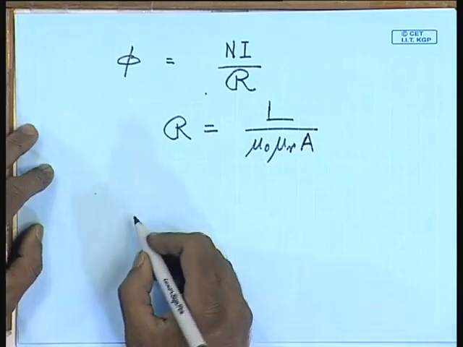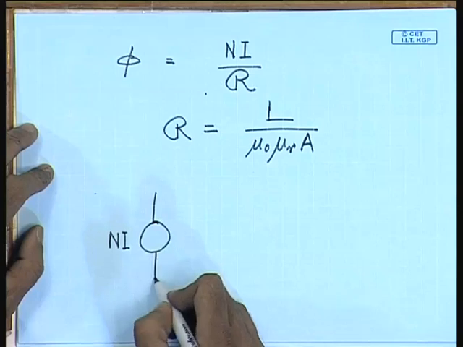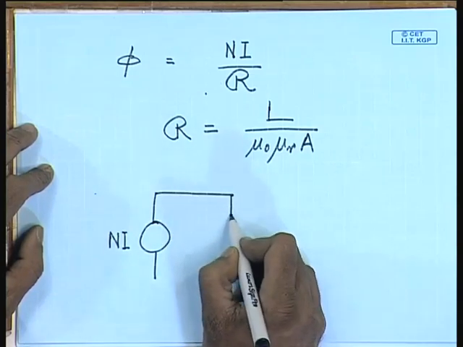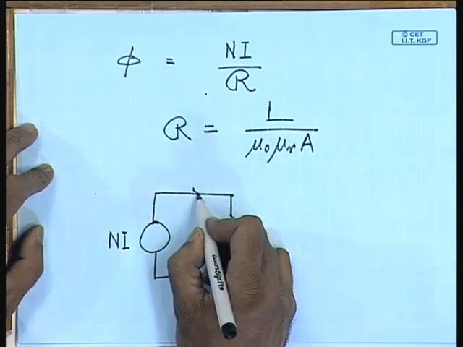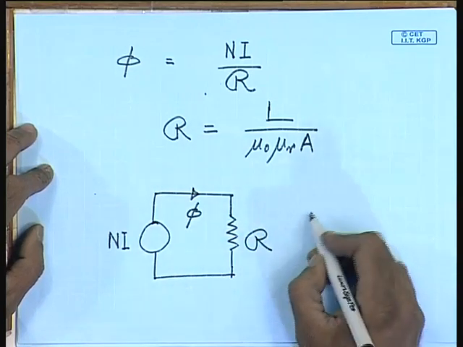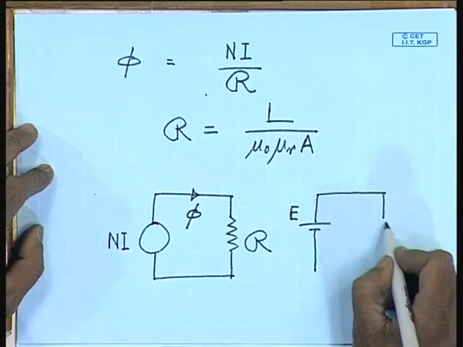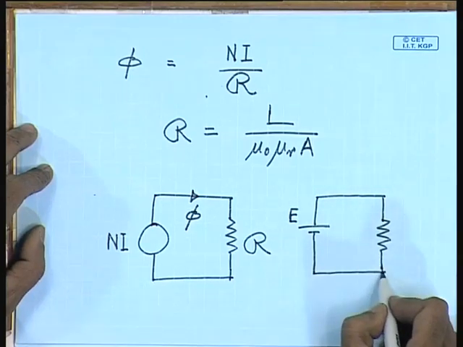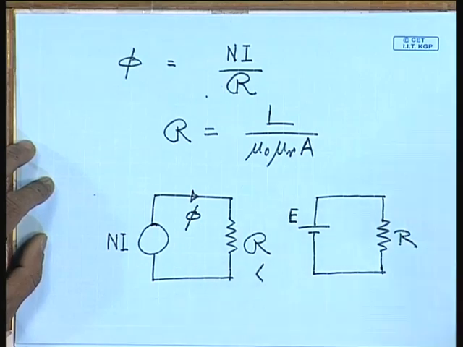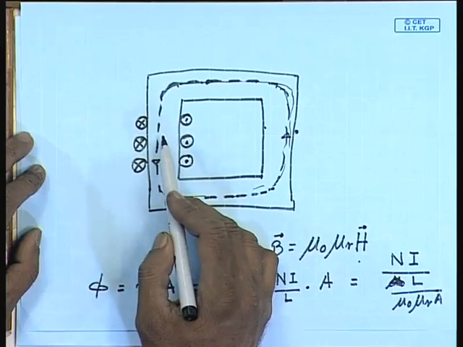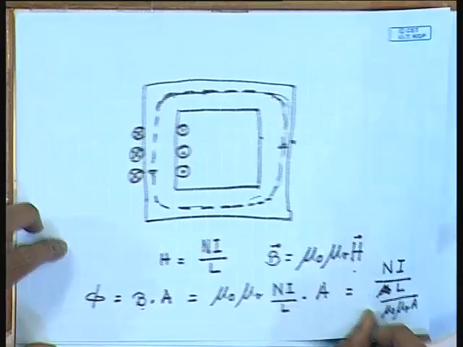Therefore, any magnetic circuit can be represented by an MMF source Ni, which sends flux through a reluctance R. The corresponding equivalent electrical circuit is a voltage source E sending a current through a resistance R. That is why this kind of structure, a core with a winding on it, is referred to as a magnetic circuit, because of its similarity with an electrical circuit.